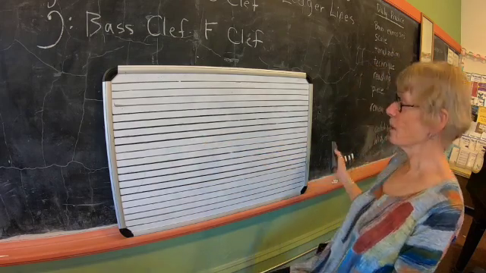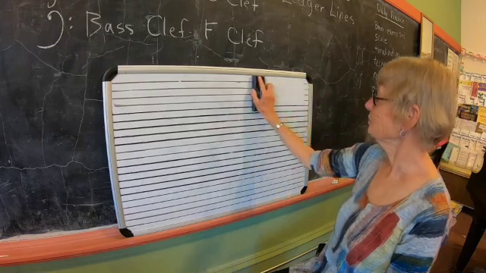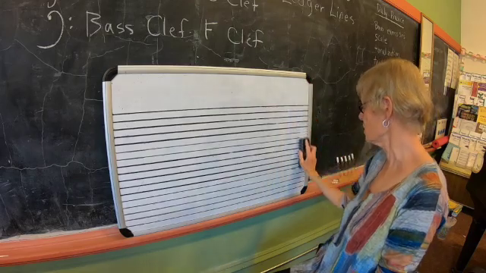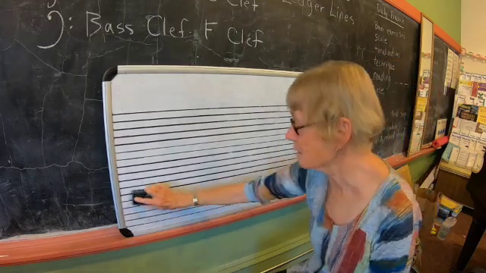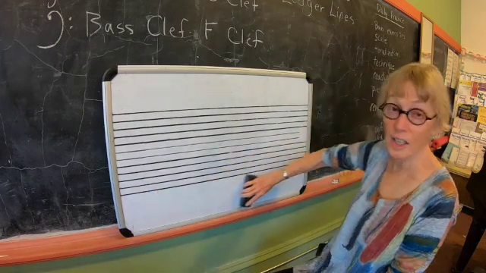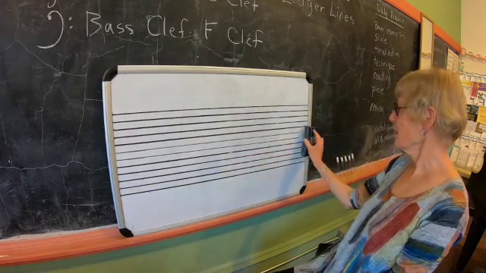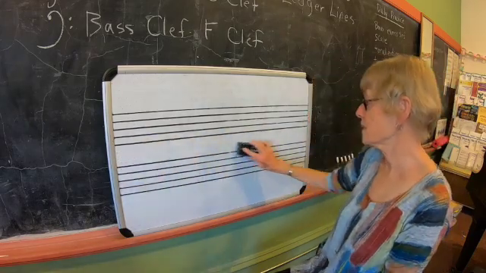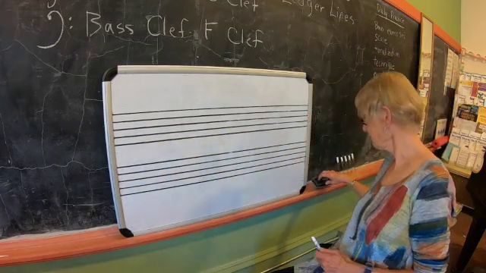Let's get rid of what we don't need. And your eye is going to go, oh my goodness, it's so much easier to see this because we're limiting our lines and spaces. This big space in the middle represents one space.